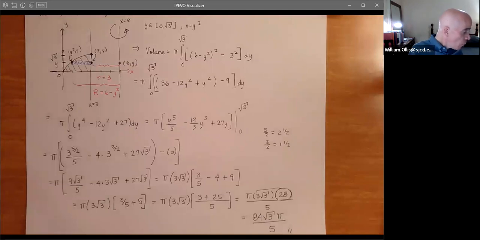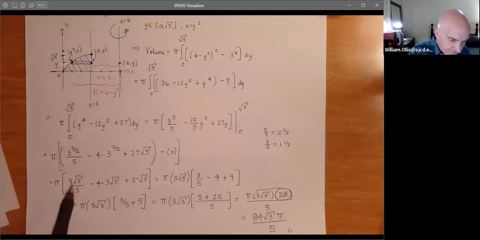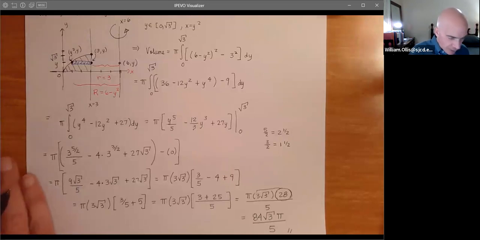Now, what I wanted to do are some other examples here. Here's an example of another region to revolve, and then I want to talk about some cross sections. Now, I will say this, and let me check. Oh yeah, here's a nice example I want to do.